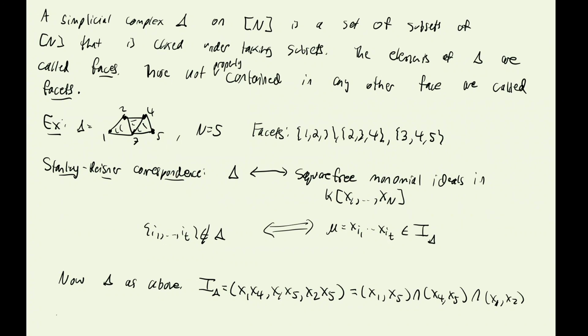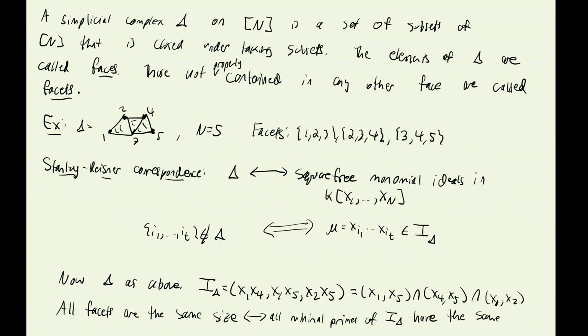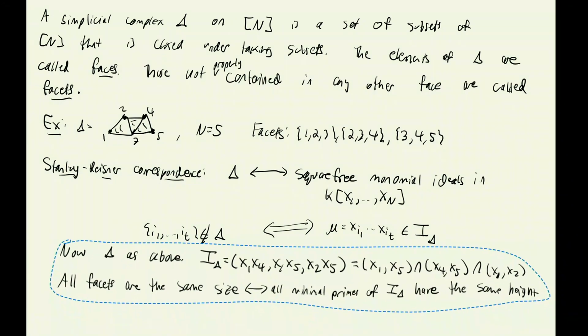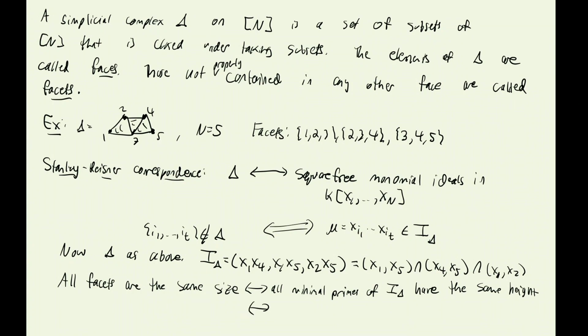So all facets are the same size is the same information as all minimal primes of I delta have the same height, which is the same information as the variety of I delta is equidimensional.